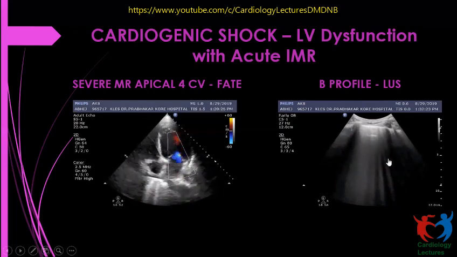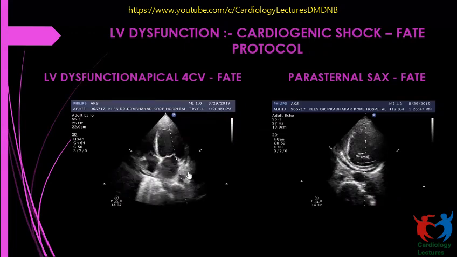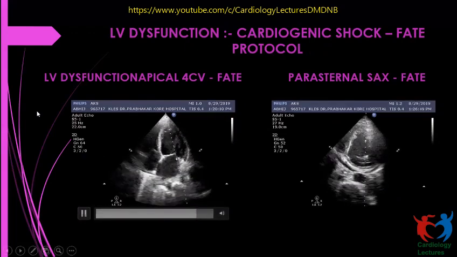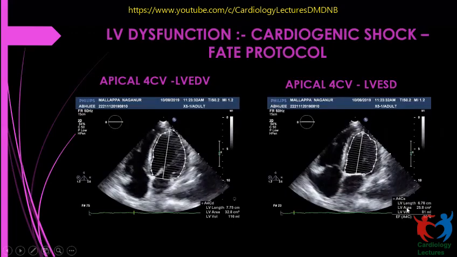This is the dysfunctional LV. If the patient presents in shock, definitely the diagnosis will be shock because of the LV dysfunction. That means a cardiogenic shock. So this person's LV is only 30%.